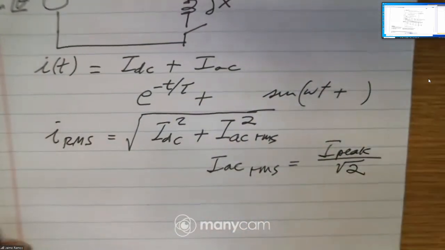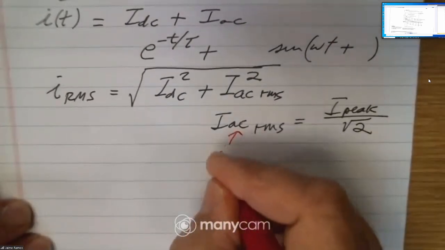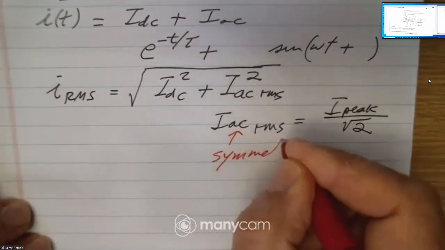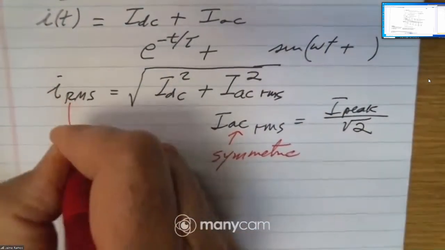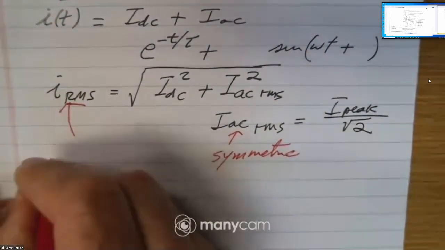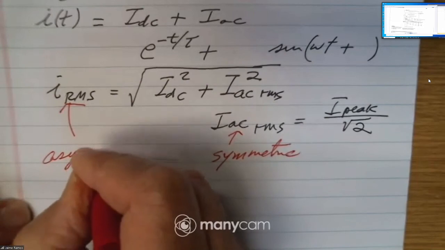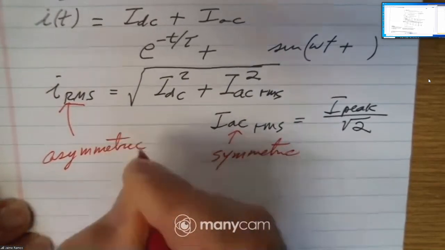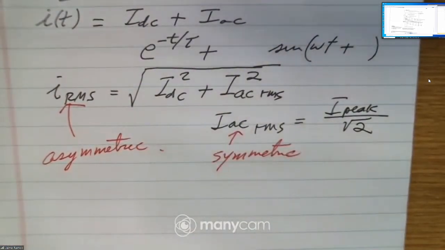So now this is called the symmetric component. And this whole thing there is called the asymmetric component.